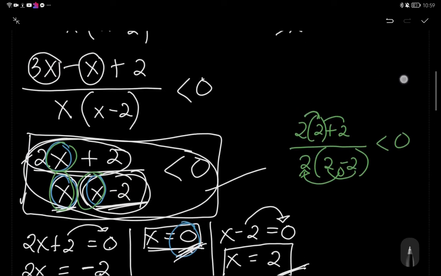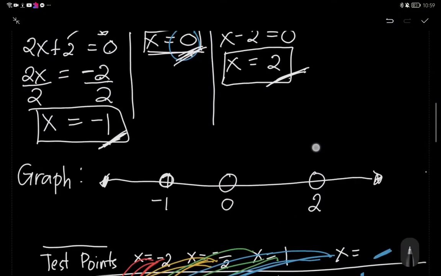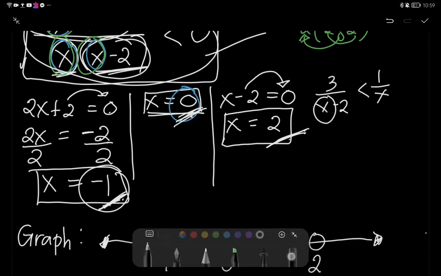Now, going back to the original inequality, 3 over x minus 2 is less than 1 over x. Negative 1, we will substitute it for x to see if negative 1 is part of the solution.